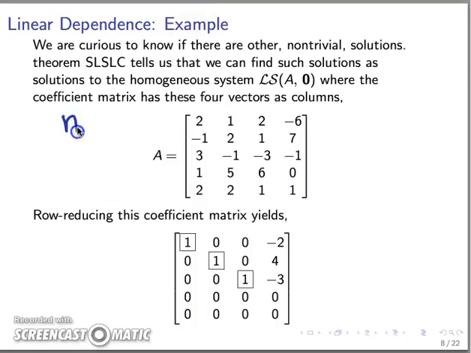In this case, there are 4 columns, so we're looking for potential values for 4 scalars, or variables, and we find that r is equal to 3. There are in fact 2 rows of zeros, but importantly, n minus r equals 1 in this case.